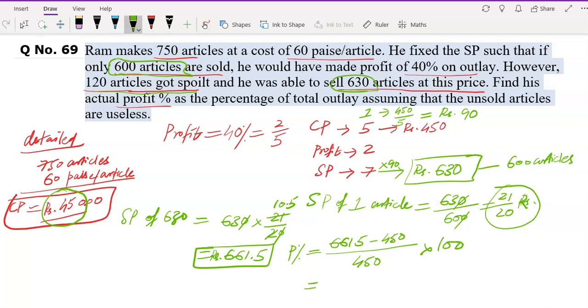Now if we solve this, we will get 211.5 divided by 450 into 100. If we remove this decimal, we will cut this 0. So 2115 divided by 45 will give us 47. So 47% is our answer. This is our profit.